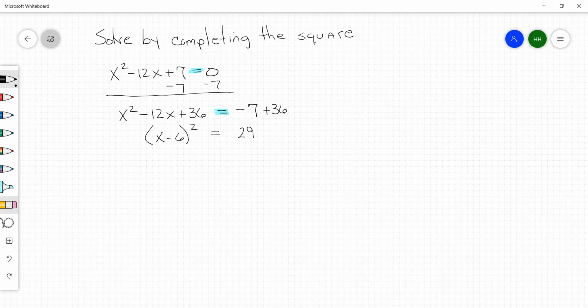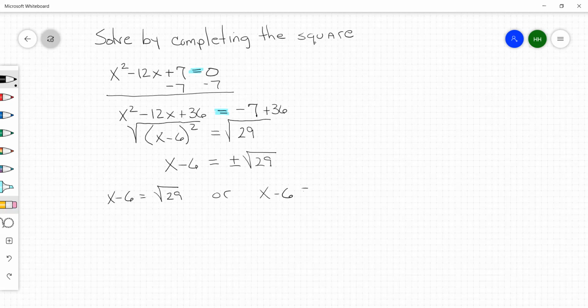And now, earlier in the lesson, we did a problem just like this. We found the square root of each side. The square root of x minus 6 squared is x minus 6. And it's equal to positive or negative radical 29. So now we write two equations. X minus 6 equals positive square root of 29.